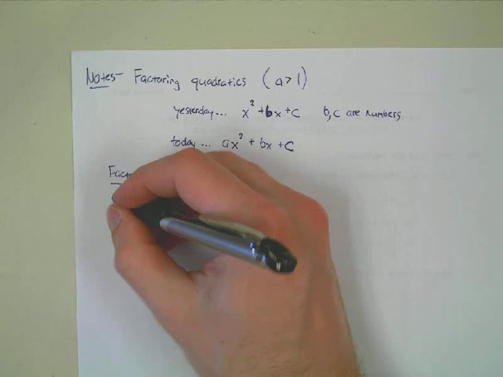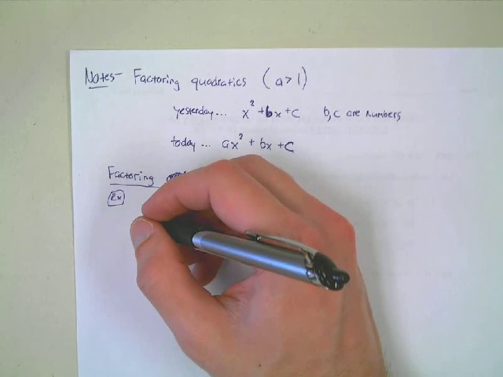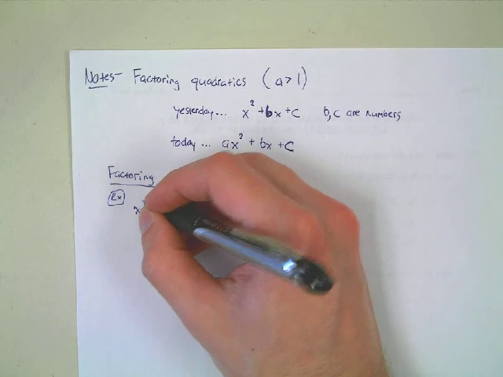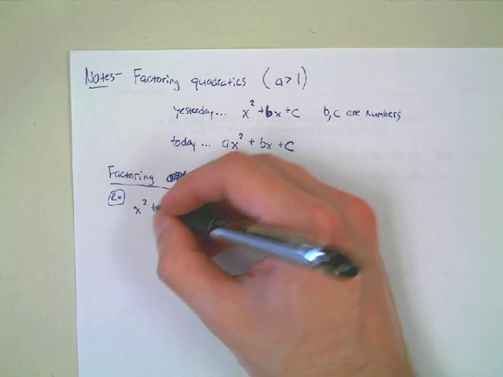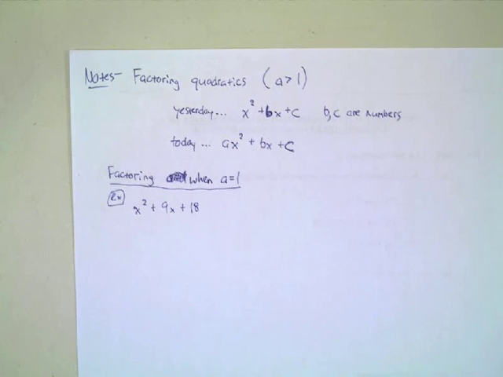I'll just do a quick example here so you can see that, and then we'll compare it to what we're going to do today. So x squared plus 9x plus 18.